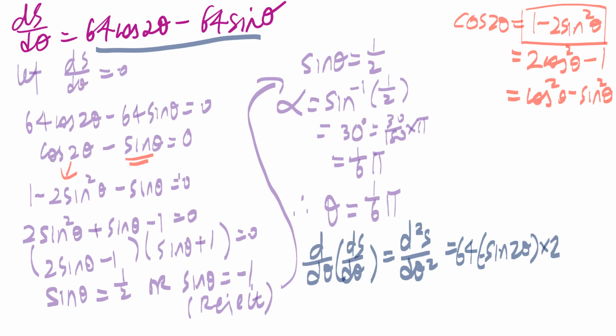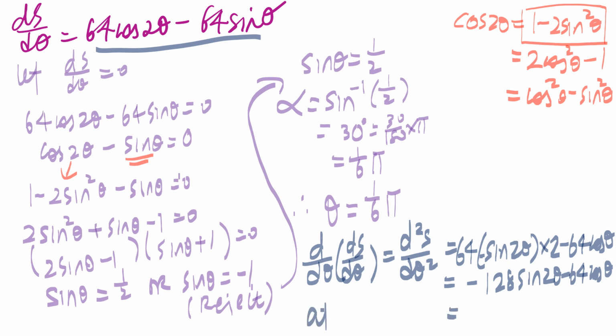Differentiate sine theta, you get cos theta. So you simplify it, you will get negative 128 sine 2 theta minus 64 cos theta. I'm going to substitute theta to be 1 over 6 pi. Make sure you remember to change your calculator to radian mode.